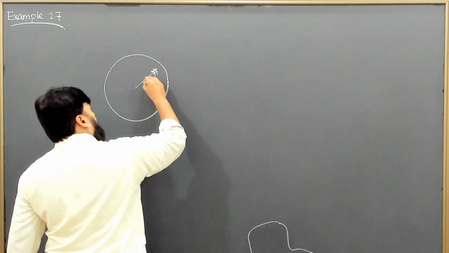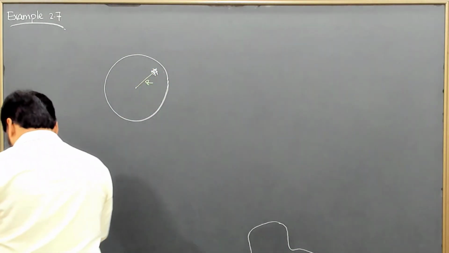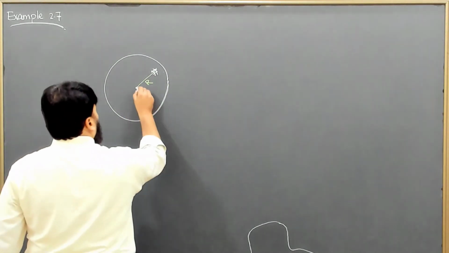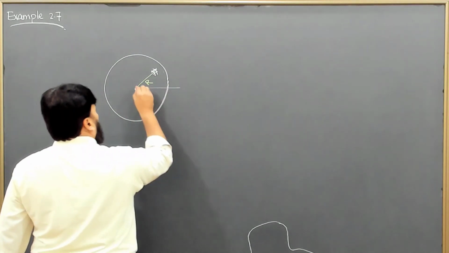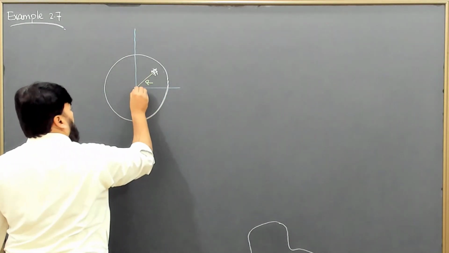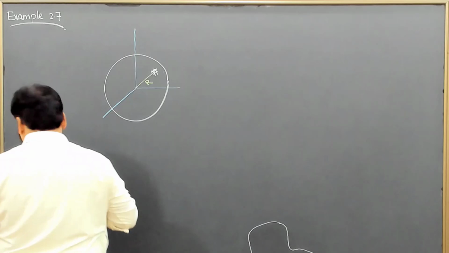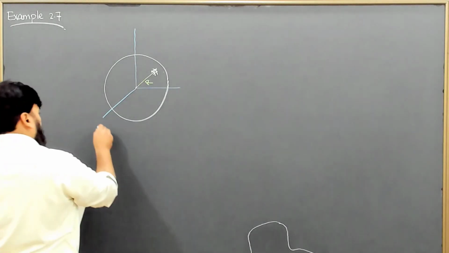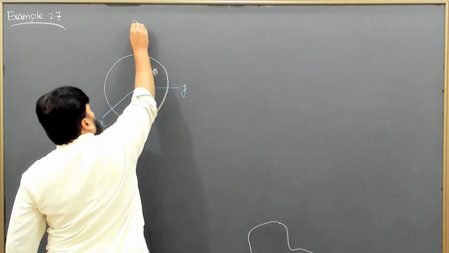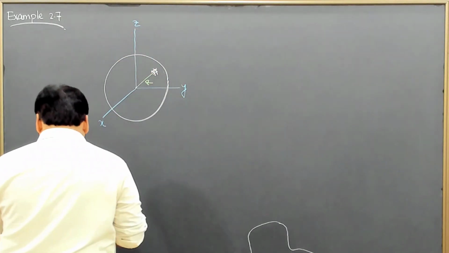Let me draw the axes as well here. This is our x-axis, this is our y-axis, and this is the z-axis.